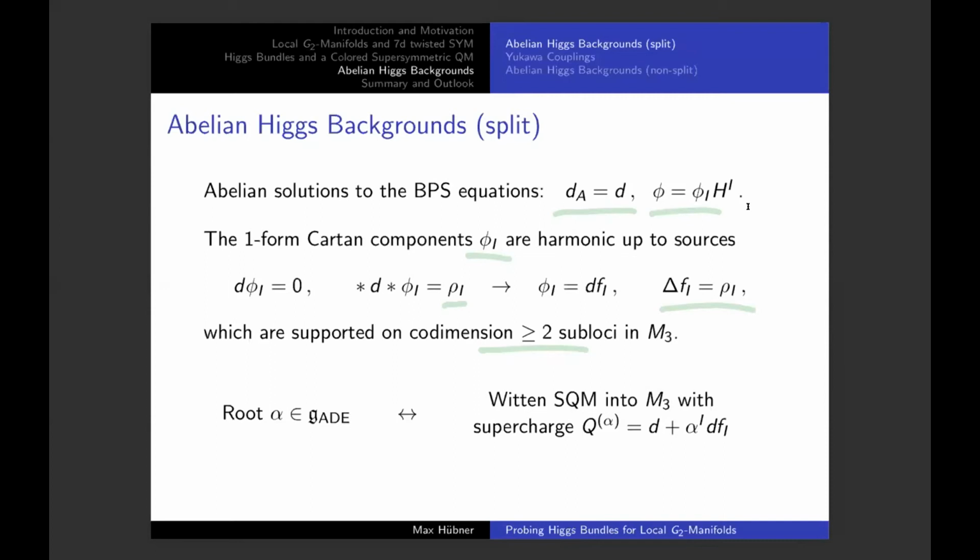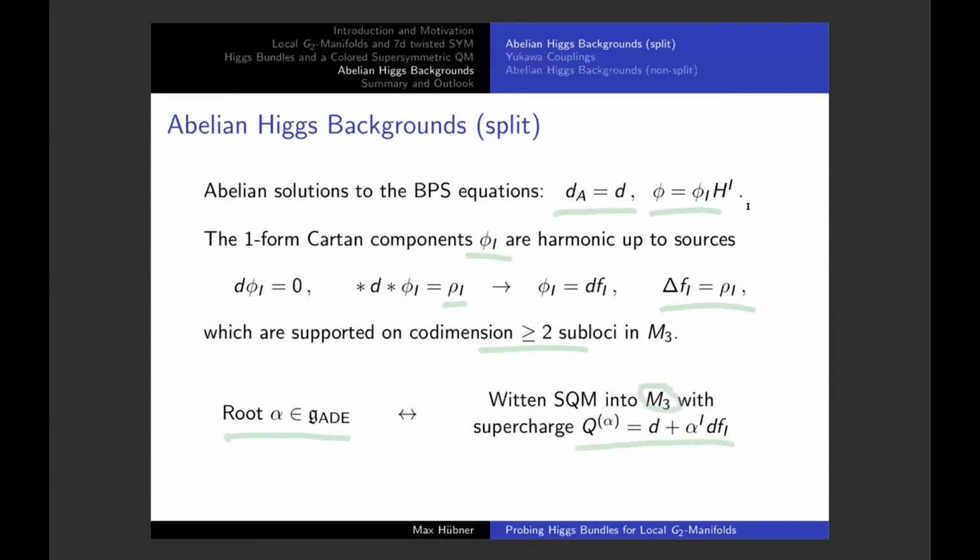So a particle which is oriented along some direction in the Lie algebra will stay that way. Due to this, the dynamics of the one particle sector splits, and we find the following correspondence. For every root in the Lie algebra, within the colored quantum mechanics, there's a copy of Witten's quantum mechanics mapping into M3 with a supercharge determined by the root.